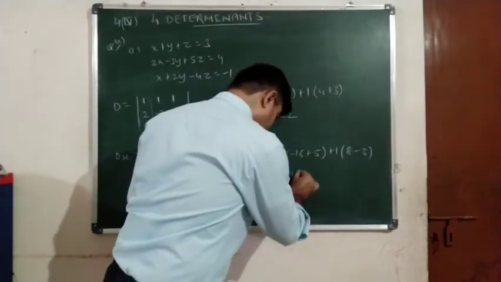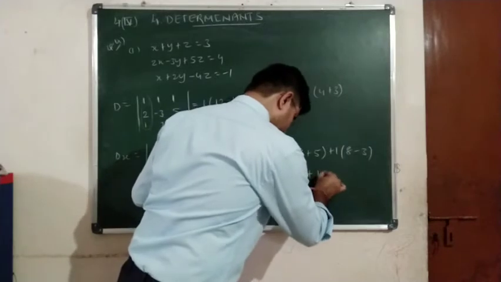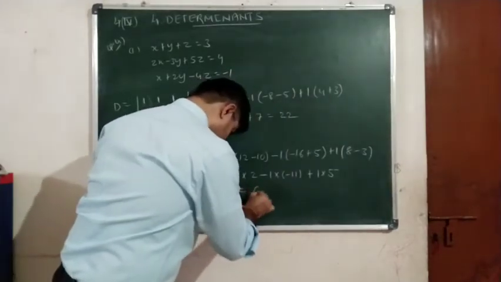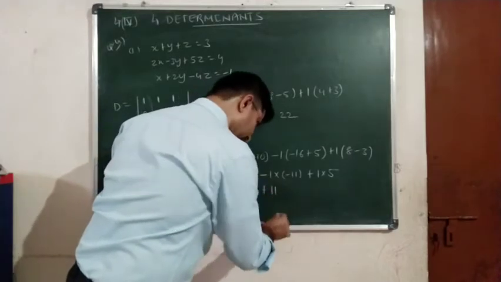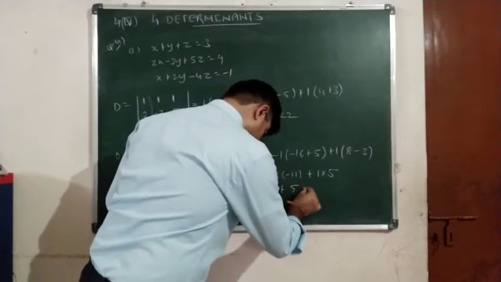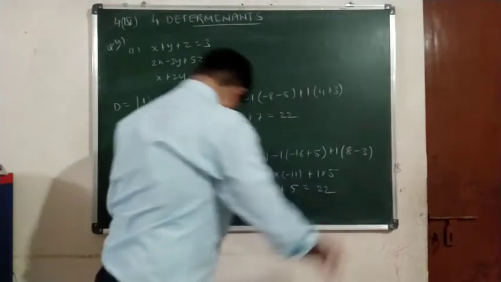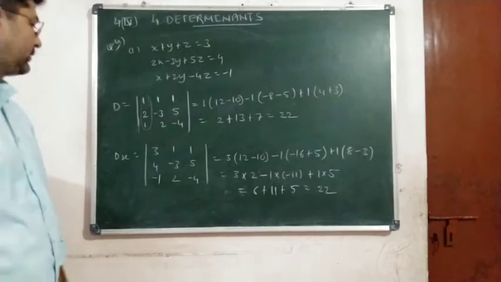So 6 plus 11 plus 5. So again the value of dx is 22 only.